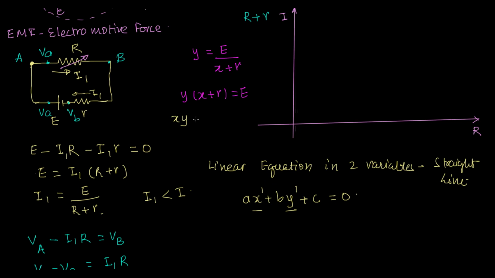So this is xy plus ry is equal to E. Now what happens is, first of all, I have got a product of x and y, and there is a y separate. So whatever it is, we do not know it yet, but it is not a straight line. So the graph is not a straight line. That much I am pretty sure.